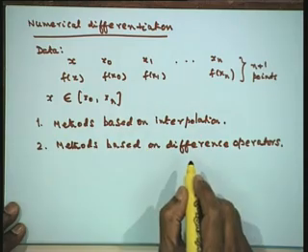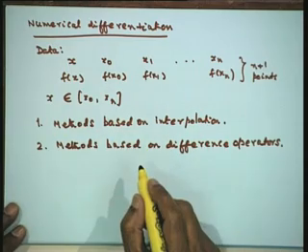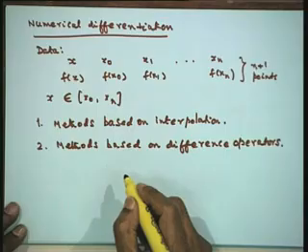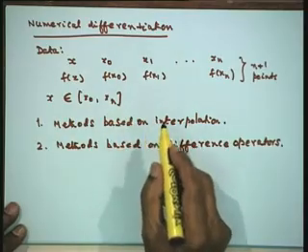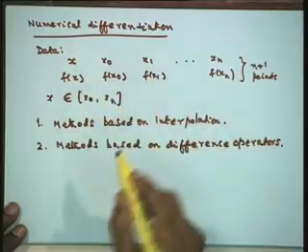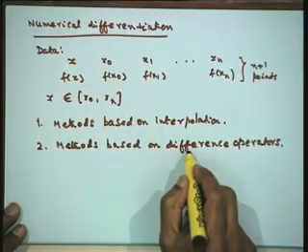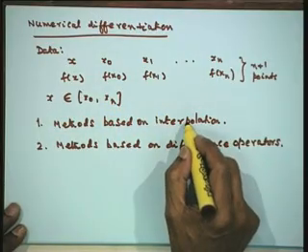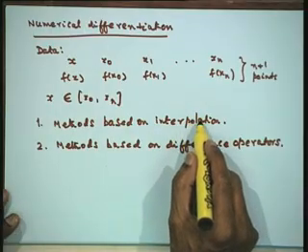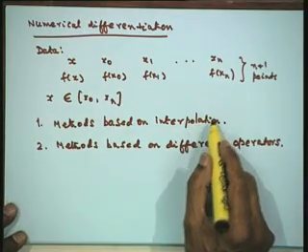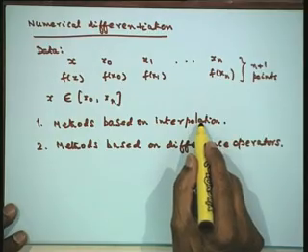Therefore, when the data is equispaced, we can use these difference operators to either construct the interpolating polynomial or directly obtain the value of the derivative at a required point. This will be a simplification of what we have done in the first step, where we are using the data which may be equispaced or which may not be equispaced. So, this is general data that is given to us.